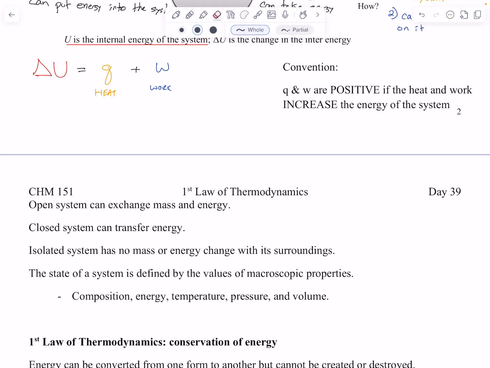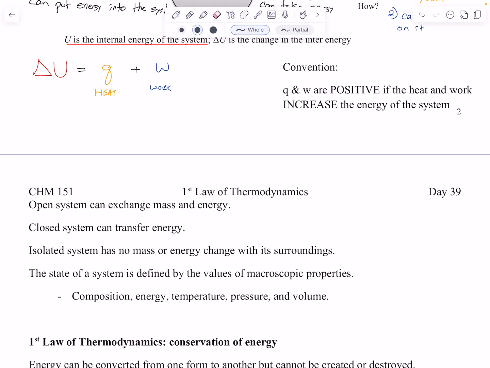Because your phone has an operating range. Your cars have operating ranges. Your TVs have operating ranges. Everything we have has operating ranges. All right. And under certain pressures too. If the pressure is too low, like we have these ranges. And so that's the state of the system and their macroscopic properties. And we get more into that in Chem 2.